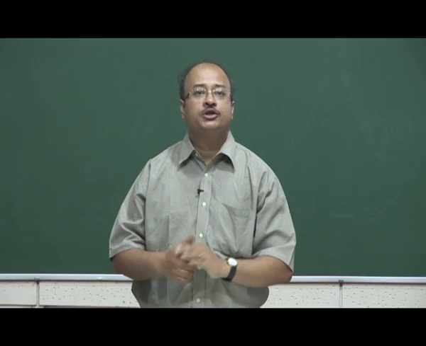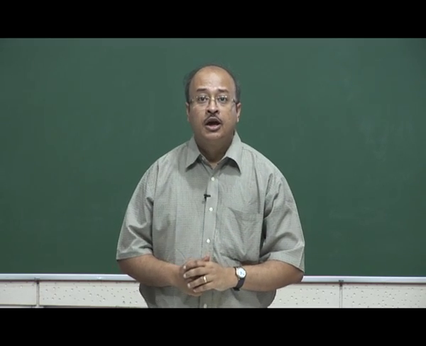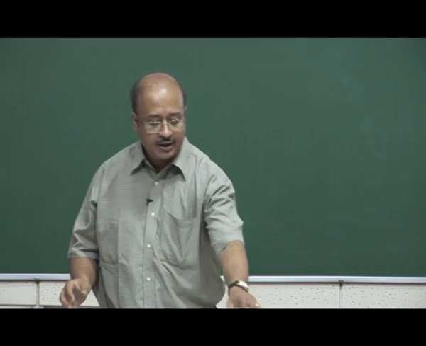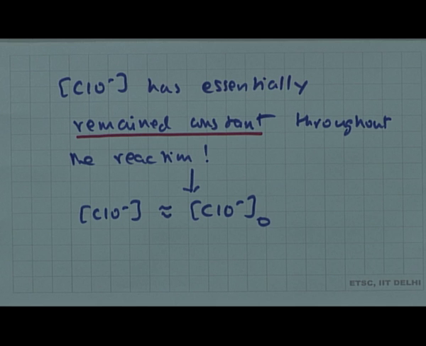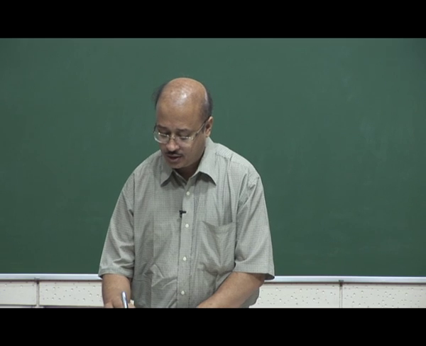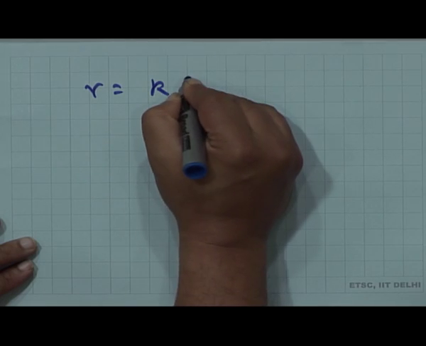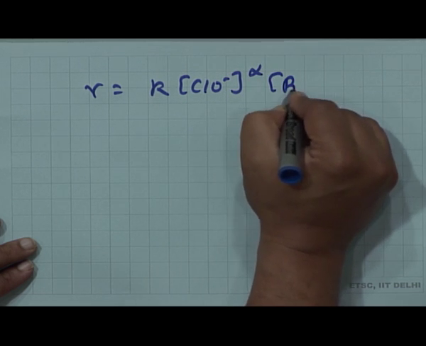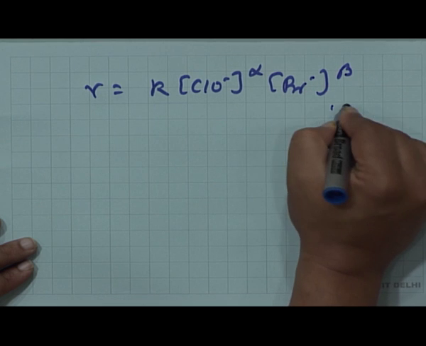It is not a bad approximation at all. Now, how does this help us? You will soon realize how it helps us. So let us go back to this rate expression. The rate expression we started with was this: R is equal to K ClO minus alpha Br minus beta.